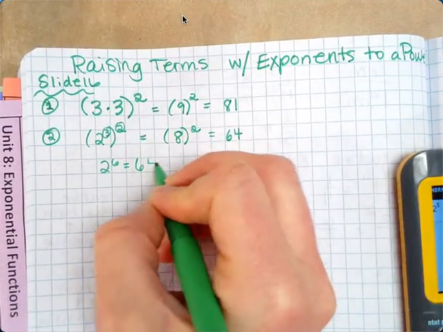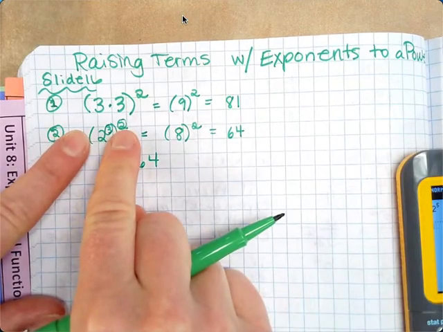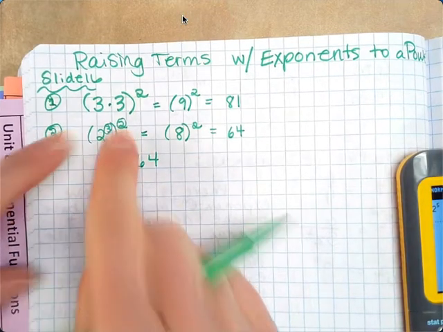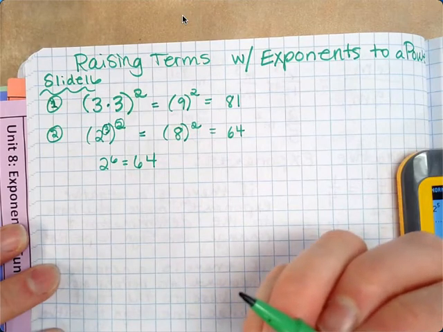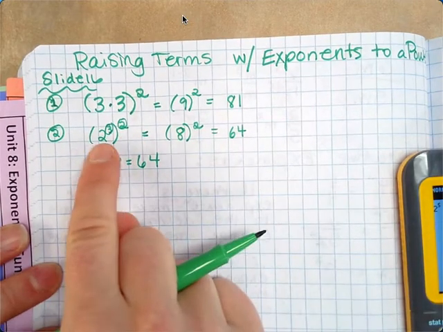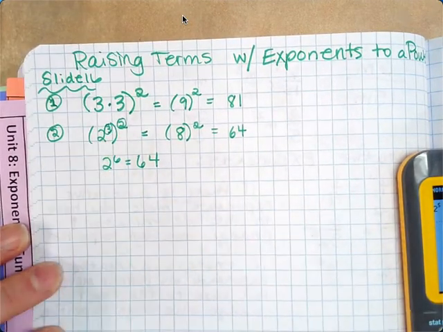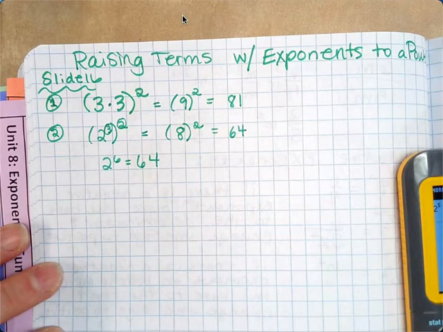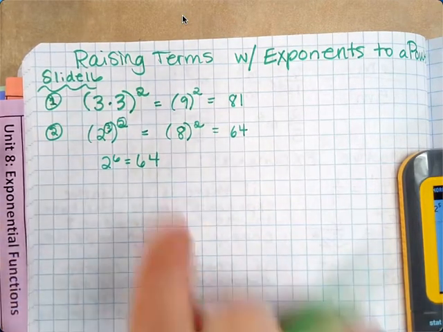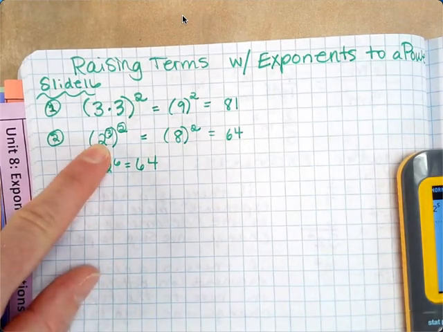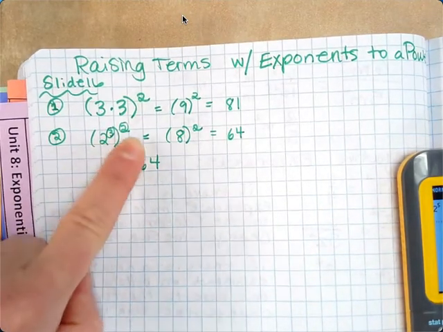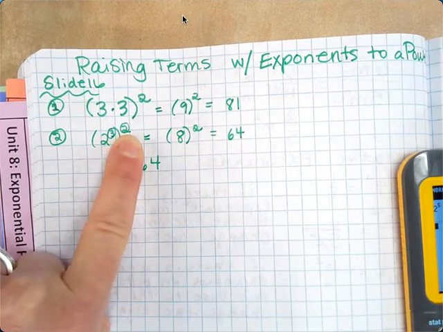All right, so let's just look back and think, what does squared mean? Repeated multiplication. So for this one, what will I multiply together? Let's just think about the number inside is repeatedly multiplied how many times? 2 times.